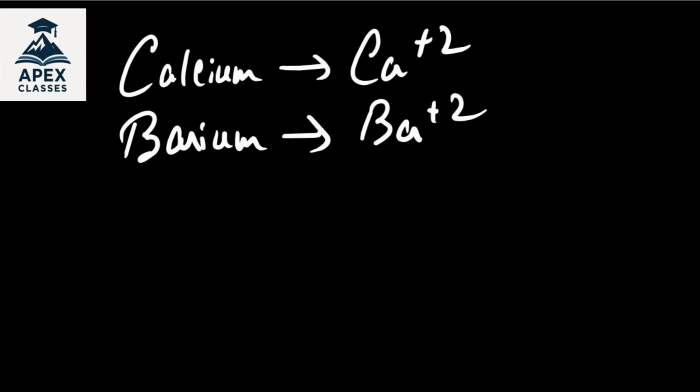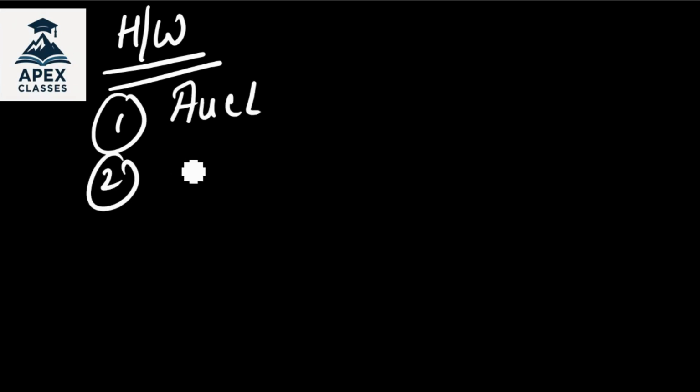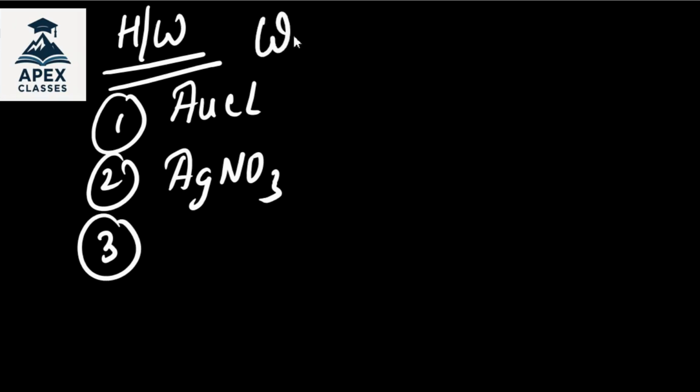Now let me give you some homework. Try it at home. If you have any doubt, just ping me on WhatsApp and let me know. Now I will give you the reverse thing: you need to write the chemical name.